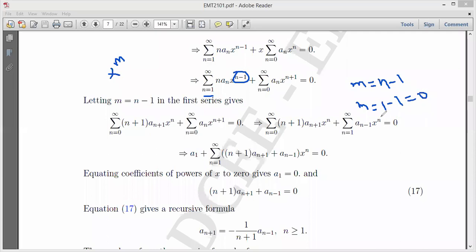Of course, the upper limit will still remain the same. If you substitute infinity here, m will still remain infinity. So you are going to run from m equals 0 to m equals infinity.